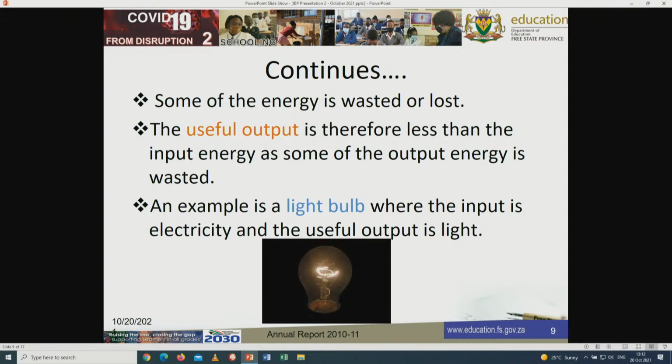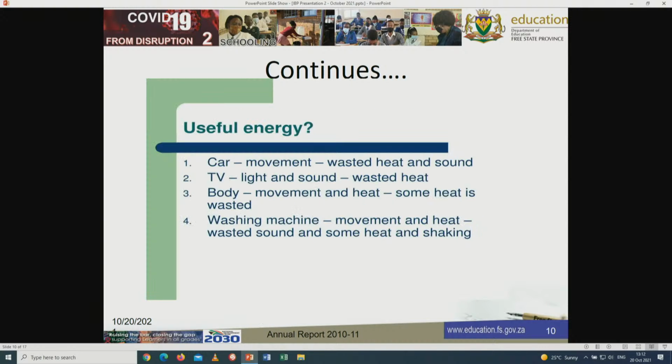In other words, there is energy that is lost there in the form of heat, or wasted energy in the form of heat. Useful energy.